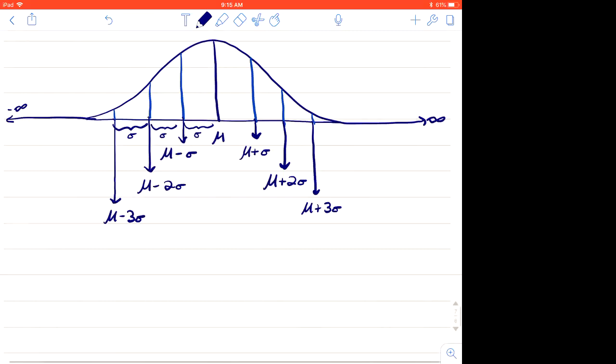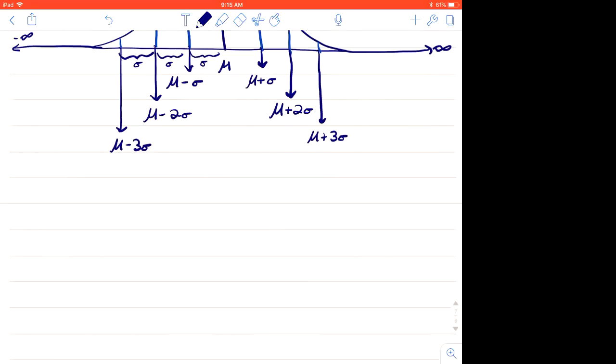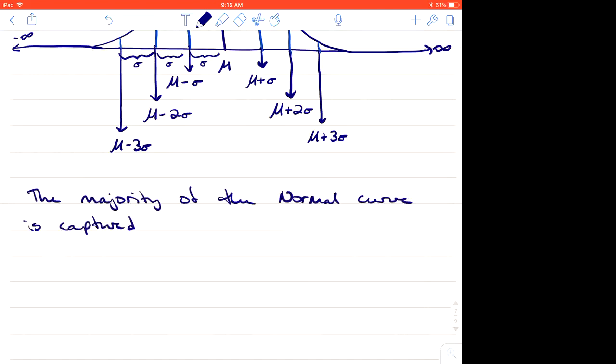So this means that the majority, not all of the curve, the majority of the normal curve is captured between mu plus minus 3 sigma, right, to indicate that we're working on either side of the mean.